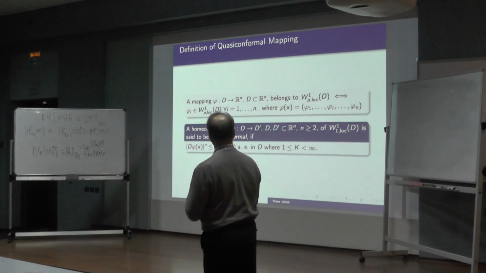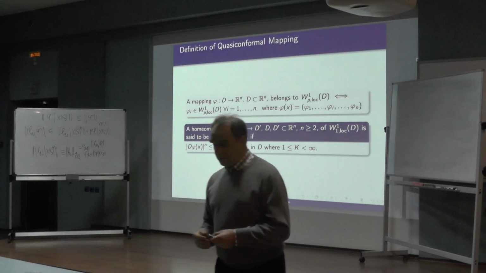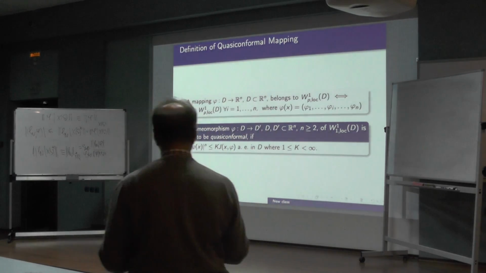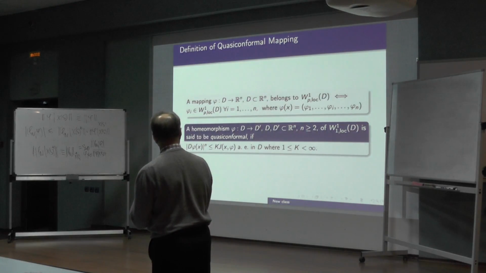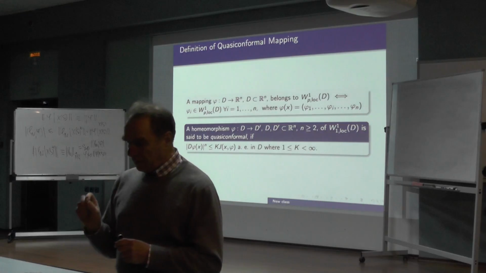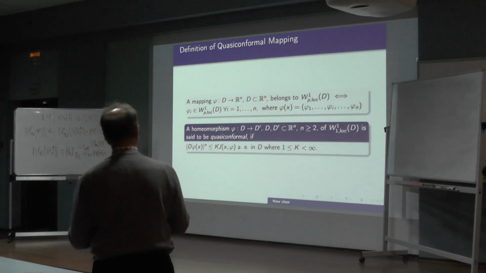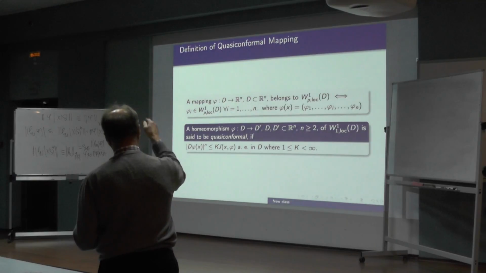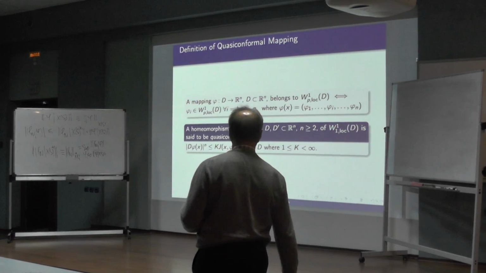This inequality means that the Jacobian is supposed to be non-negative, and moreover, there is a geometric sense of this definition. It means that this differential, as a linear map, transforms a unit ball to an ellipsoid, and the ratio between the largest semi-axis and the smallest semi-axis is controlled by a constant K. And this constant K is the same for all points x.